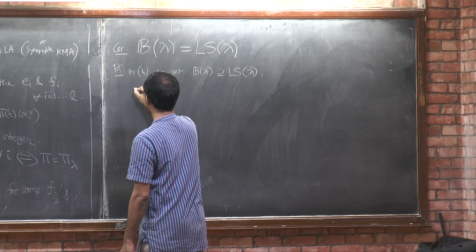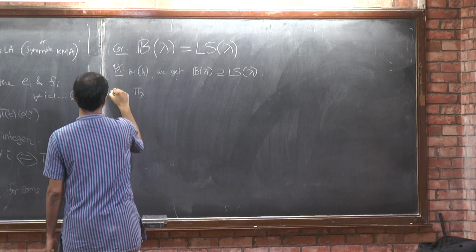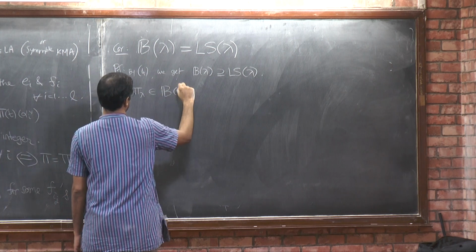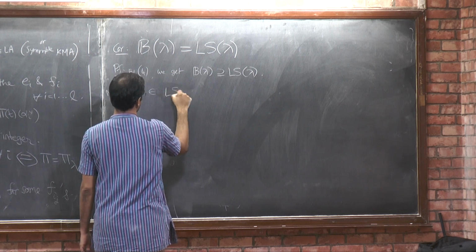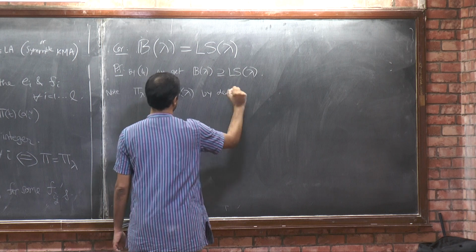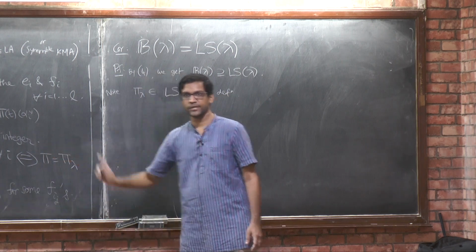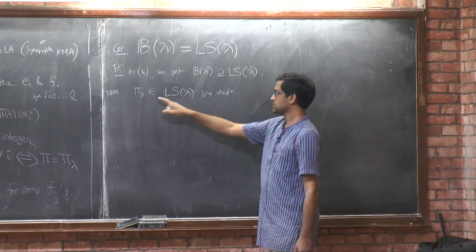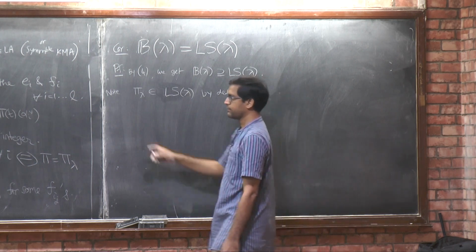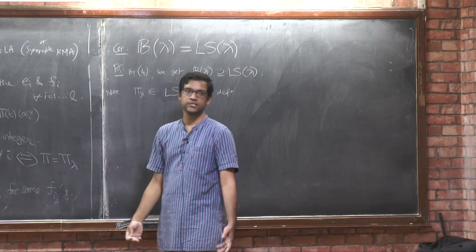Now observe pi lambda. So we need the following fact. Note that pi lambda belongs to LS lambda by definition. Right? This is the thing I said. Single segment paths, that condition doesn't even kick in. So pi lambda is surely in LS lambda. Now, by property 1, LS is closed under the actions of the E_i's and the F_i's.